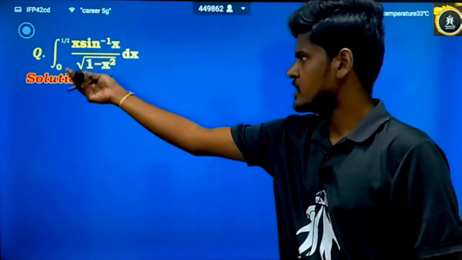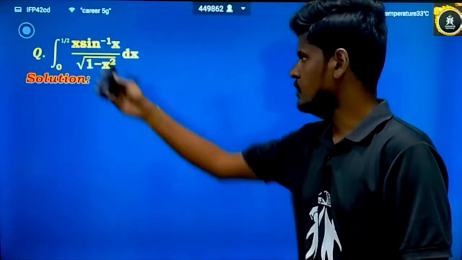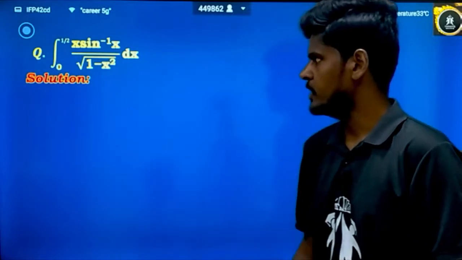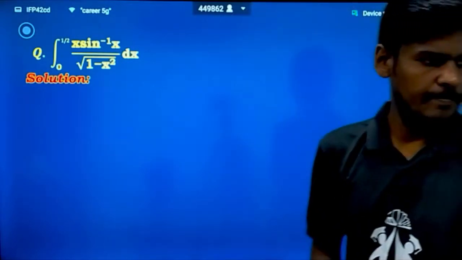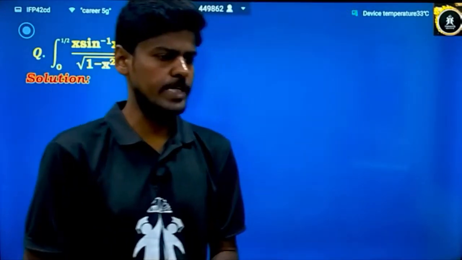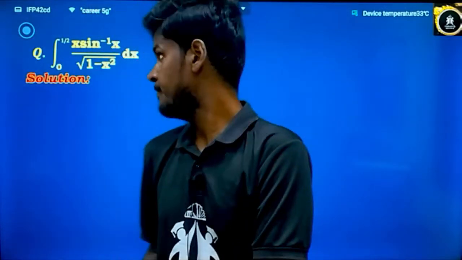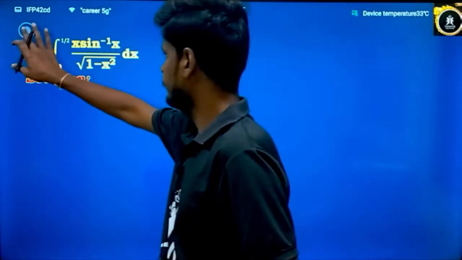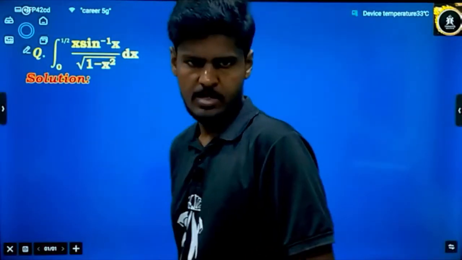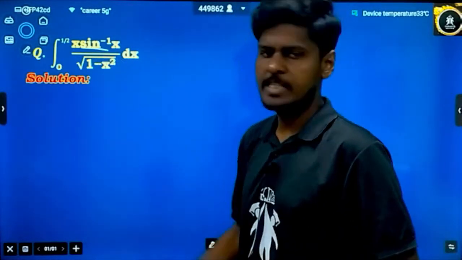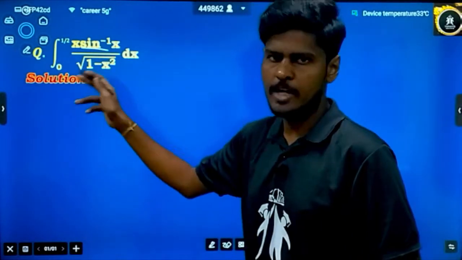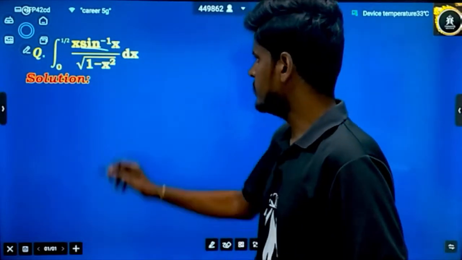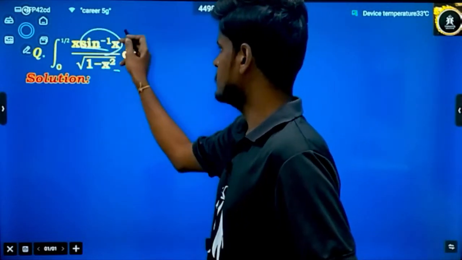Next question is the integration between 0 to 1 by 2 of x sin inverse x by square root of 1 minus x square. Now when we observe, the differentiation of sin inverse x is 1 by root of 1 minus x square. So what we are going to do is take sin inverse x as t.